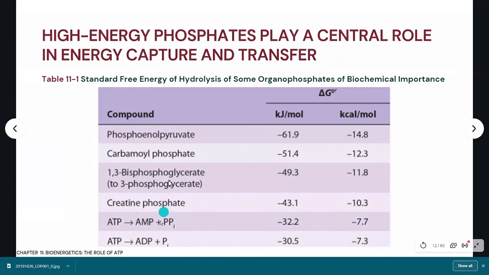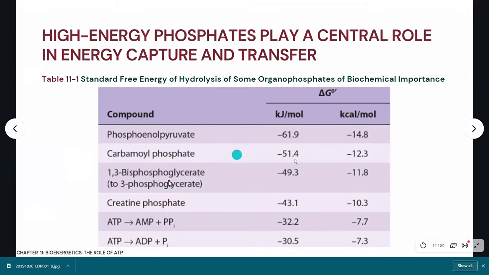If the 2 phosphates are removed, you have 7.7 kilocalories that is released. See, now this one is kilojoules, no? But we are mostly using kilocalories. Okay. So the highest here is phosphoenol pyruvate with kilocalories of 14.8 or 14.7.